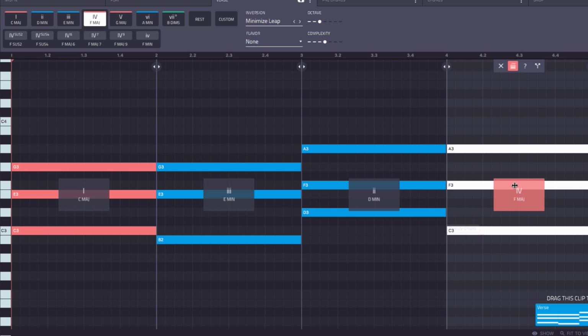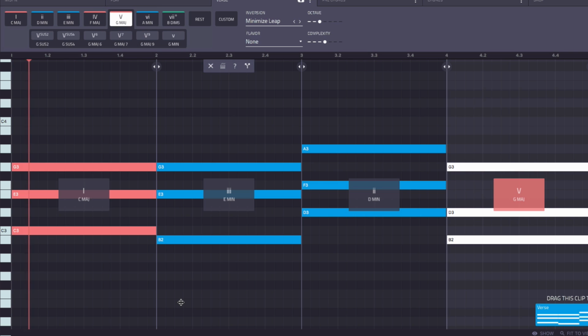What does it sound like if we change the 4 over to a 5? So let's see what that does. You get a little bit more of this. Yes, it is ending. This does feel like we're coming home now with the 5. So it's a little bit brighter.